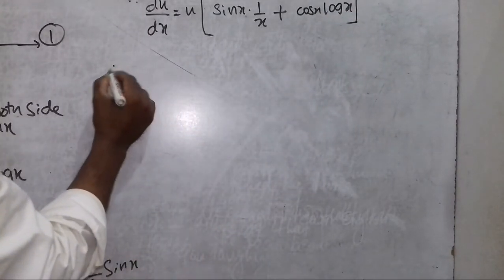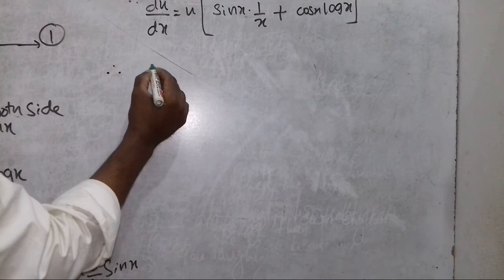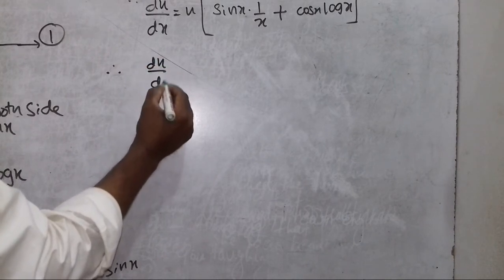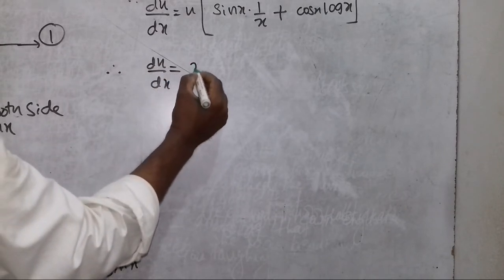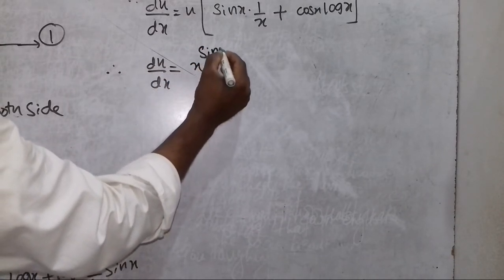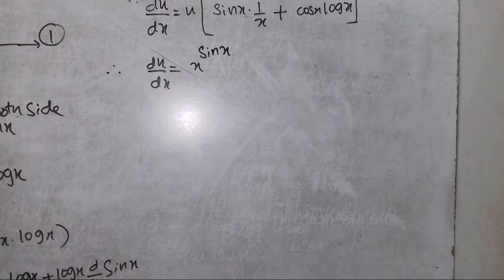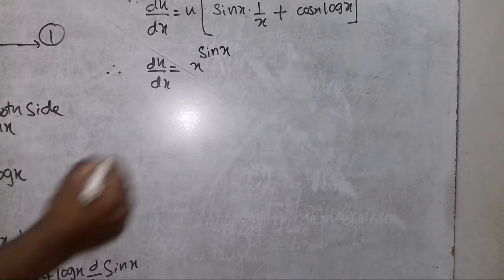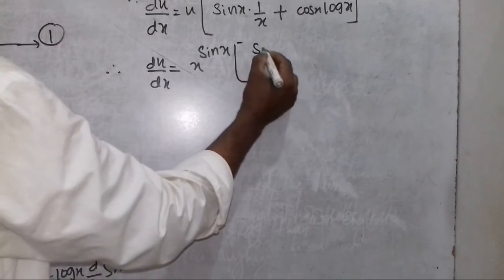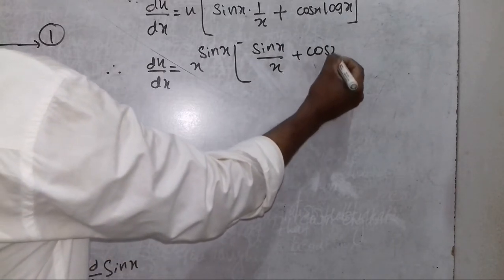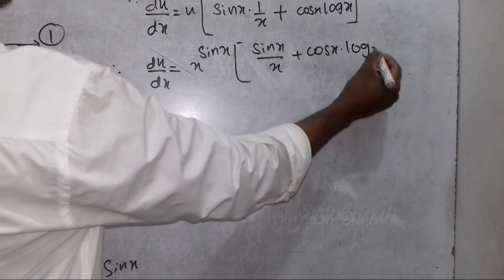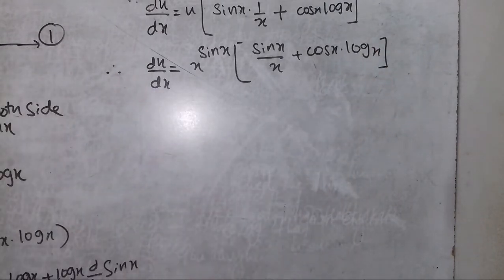So substitute the value of u. Therefore du upon dx equal to x raised to sin x into bracket, sin x upon x plus cos x into log x, is the derivative. Call this equation 2.